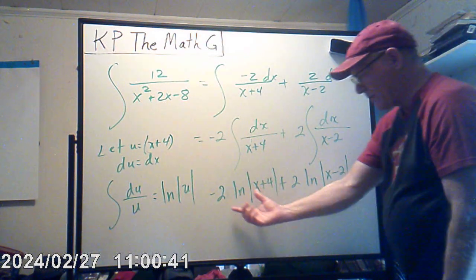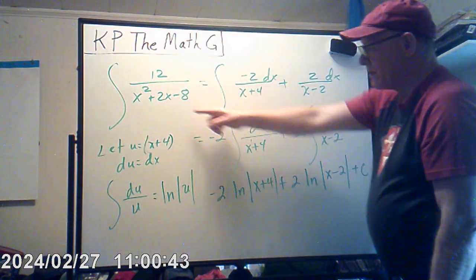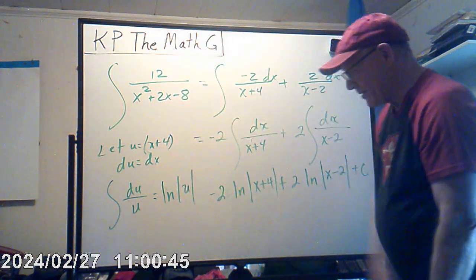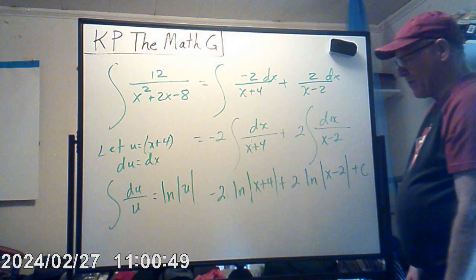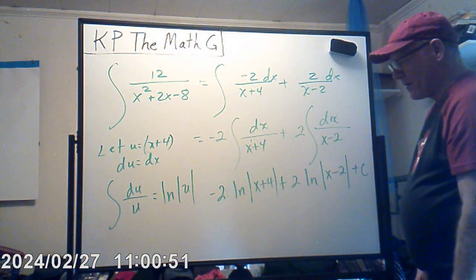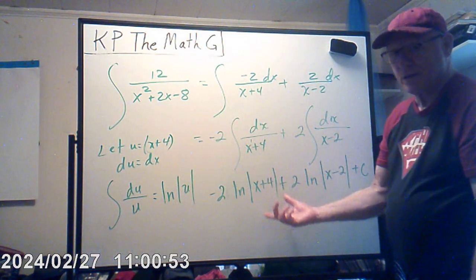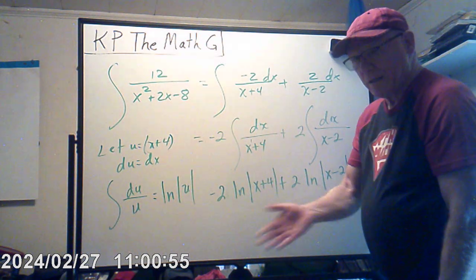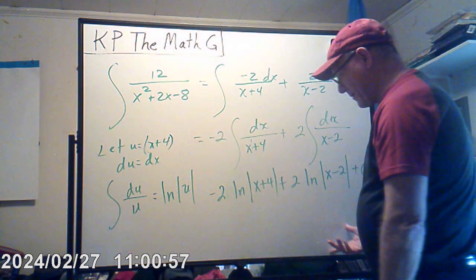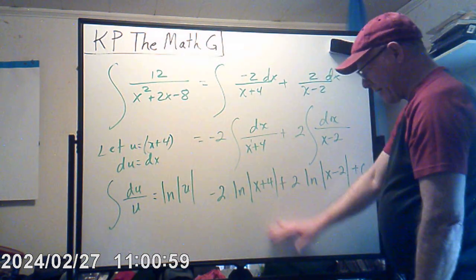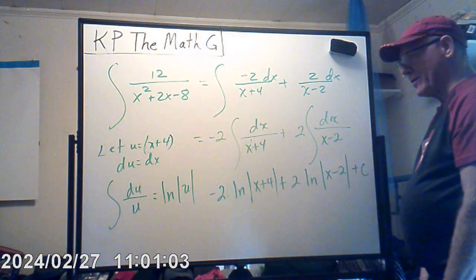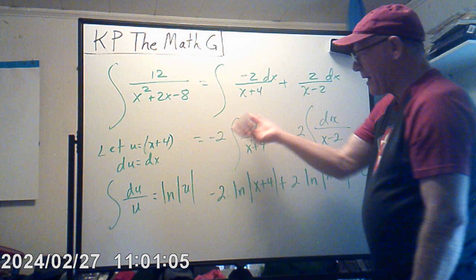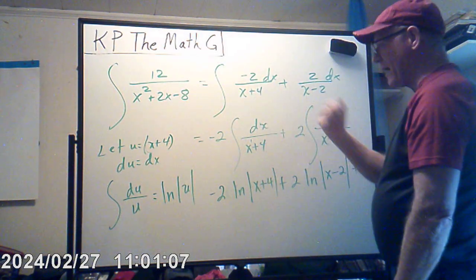Now, if we took the derivative of this, we would come back to this. I don't want to do that right now, but that would take up a little more time. That's another time we could do that. If you want me to, give me a suggestion. Write a comment saying I'd like for you to take the derivative of this to show that we get this back. And that's what you really want, because if you don't get this back, all of this means absolutely nothing.